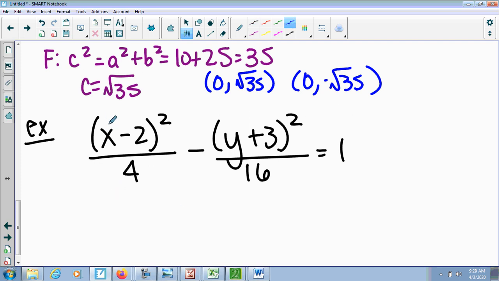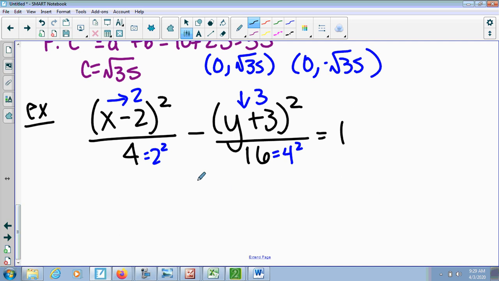So we know x is going to come first, so it's going to look like this, side to side. 4 is 2 squared, 16 is 4 squared, so we'll go that much once we figure out what our center is. And then x minus 2, when the x, it's left and right, so that's going to the right 2. And with the y, that's up and down. We always do opposite for these, so this is down 3.